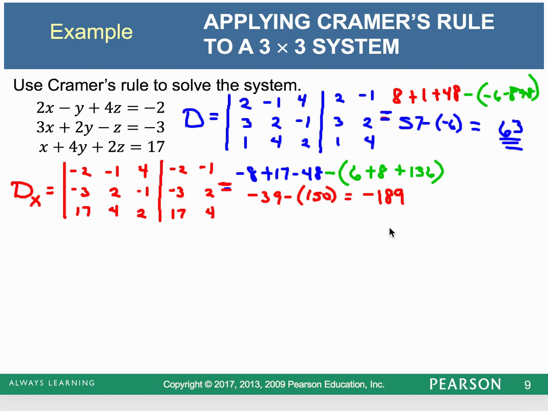Okay. Now let's do D sub Y. Where I replace the Y's with my answer column. So 2, 3, 1. Negative 2, negative 3, 17. 4, negative 1, 2.